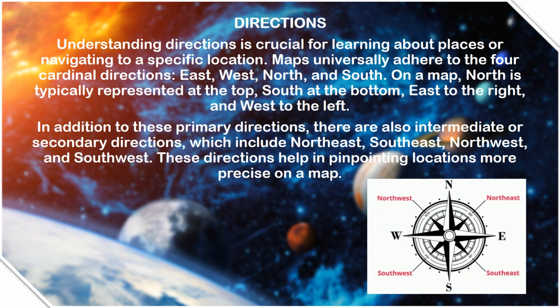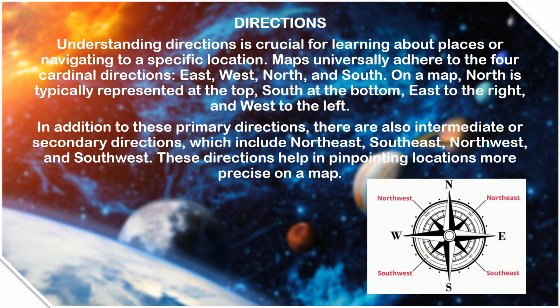Directions. Understanding directions is crucial for learning about places or navigating to a specific location. Maps universally adhere to the four cardinal directions: east, west, north, and south. On a map, north is typically represented at the top, south at the bottom, east to the right, and west to the left.